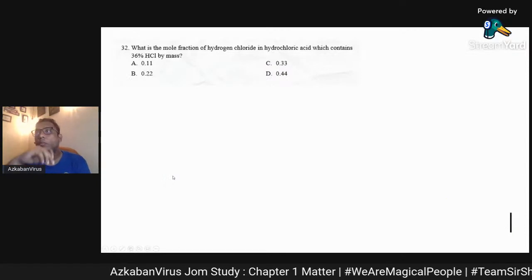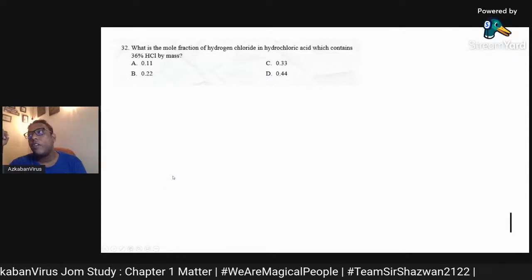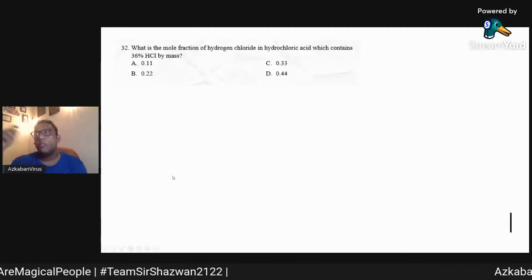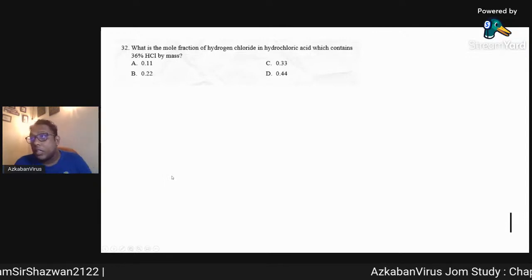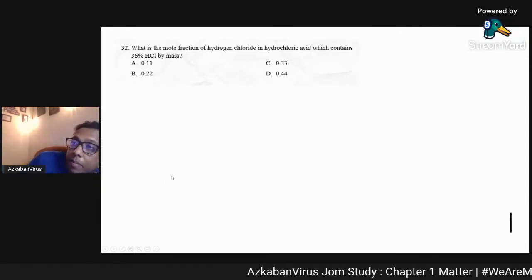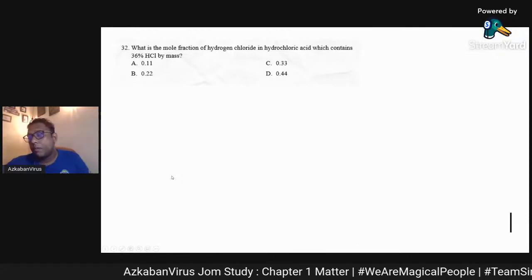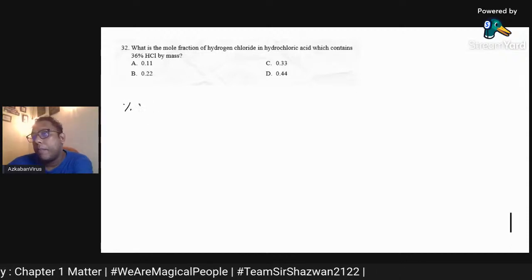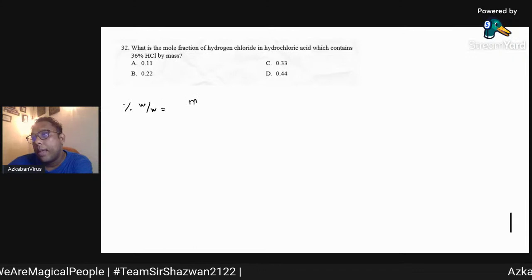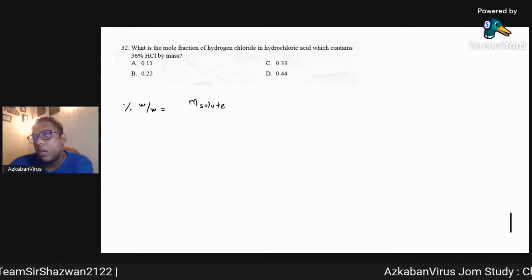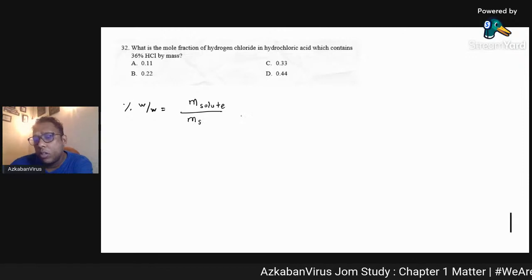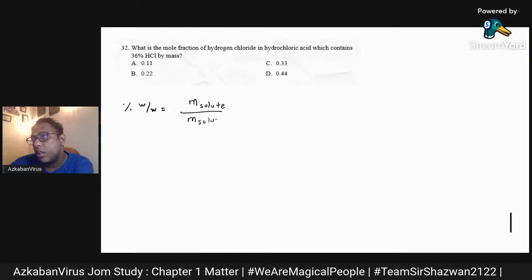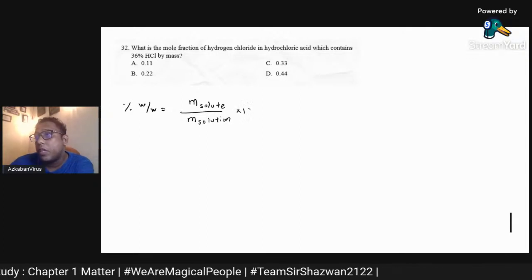Next one. What is the mole fraction of hydrogen chloride in hydrochloric acid which contain 36% HCl by mass? Okay, so the information given to us is 36% by mass. Okay, bermaksud percentage by mass is equal to mass of solute bahagi mass of solution, darab 100.